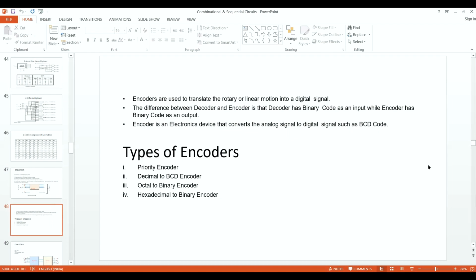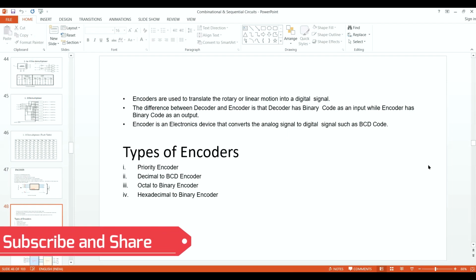So we have decoding, that is a decoded binary output, while the encoder has a binary code as an output, right? In certain books you will see a definition like: an electronic device which converts an analog signal to a digital signal. But I'm not emphasizing it more. You will see for yourself what encoding is all about.